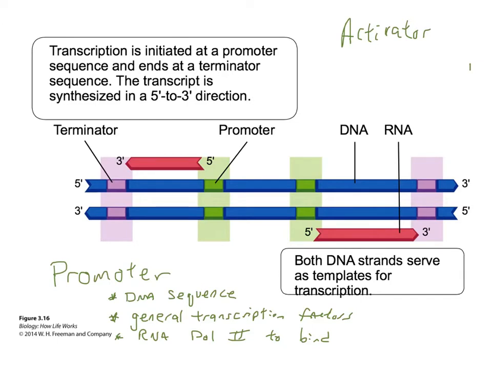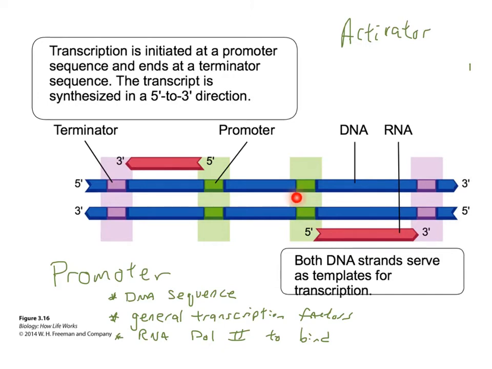So if we look at our diagram here, we've got a promoter here and a promoter here. This promoter goes in this direction. So for our transcript, 5' to 3' means that we use the top. Notice we're 3' on this end, so we're going 3 to 5 in this direction. So we use the top as our template strand.